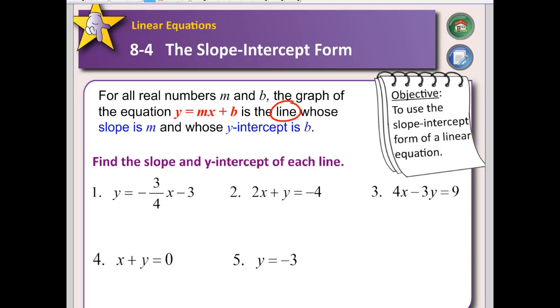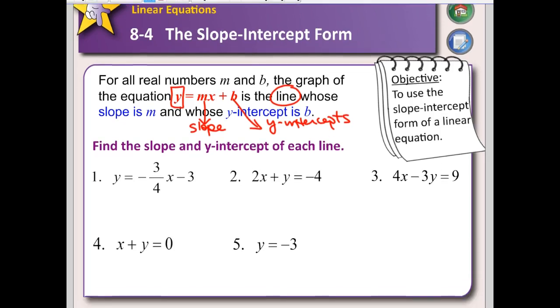So when y stands alone, when it's in slope-intercept form, m stands for slope. So we can just look at what's in front of x and say that's the slope, and then b is my y-intercept. And remember, y-intercept is where the line crosses the y-axis. So it kind of gives us a little bit of a shortcut from yesterday.